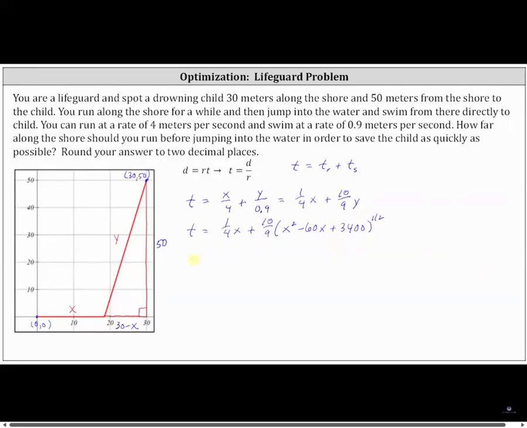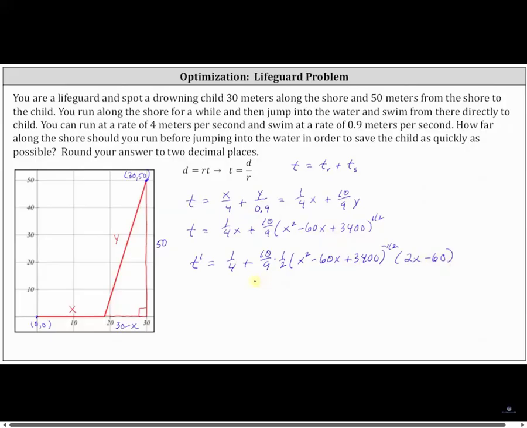So now let's find t prime, the derivative of t with respect to x, which is equal to the derivative of 1/4 x, which is 1/4, plus 10/9 times the derivative of the quantity x squared minus 60x plus 3,400 raised to the power of 1/2, which is going to require the chain rule. So we have 1/2 times the quantity x squared minus 60x plus 3,400 raised to the power of 1/2 minus 1, which is negative 1/2, and then times the derivative of x squared minus 60x plus 3,400, which is 2x minus 60.